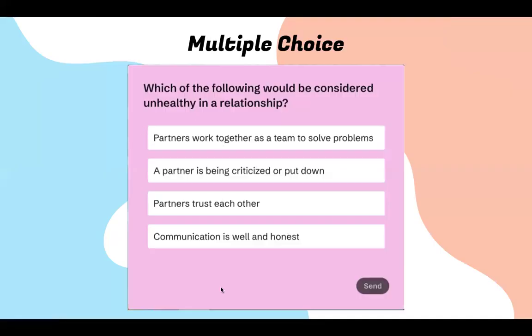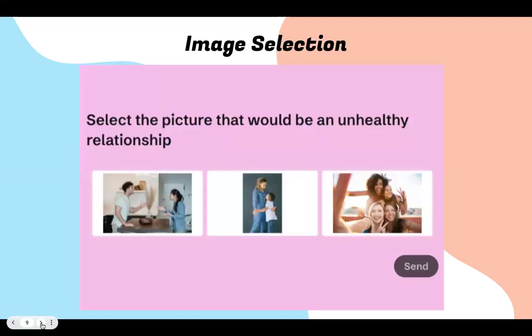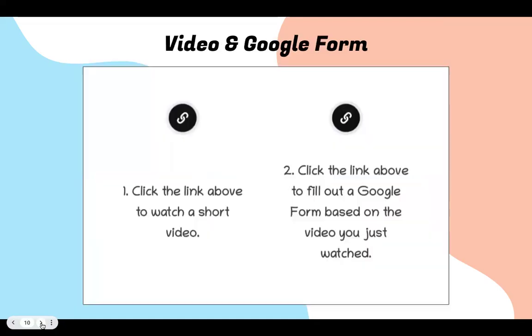So as you see, this color is pink, so it's associated with a certain category. There's multiple choice, there's true or false, there's an image selection, so they'll pick whatever image they think is an unhealthy relationship. This one is video and Google Forms.